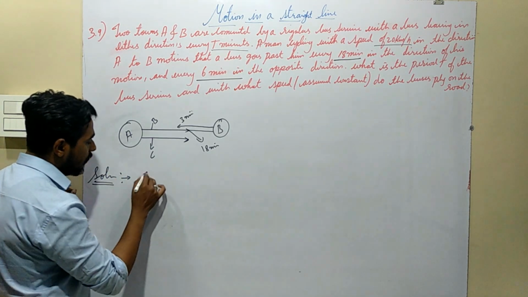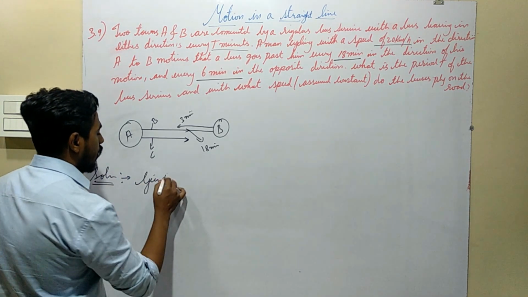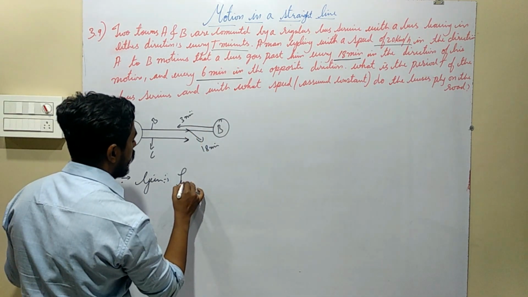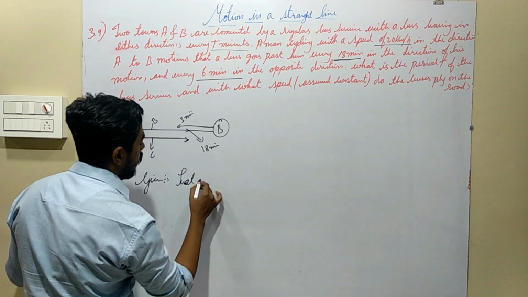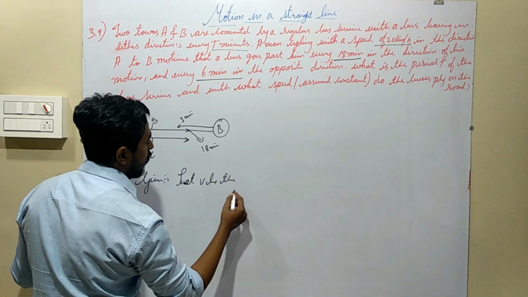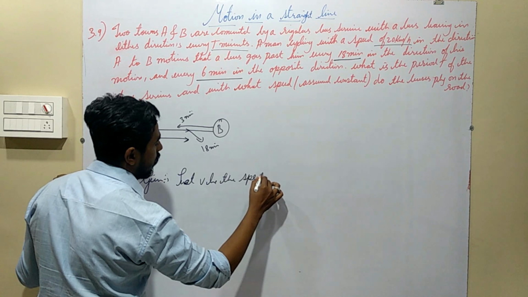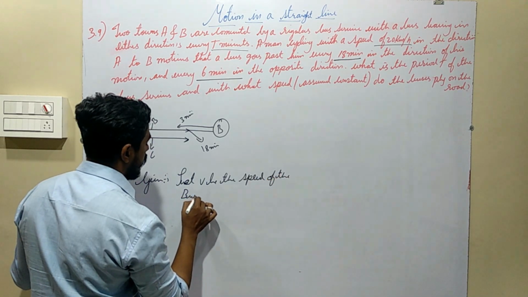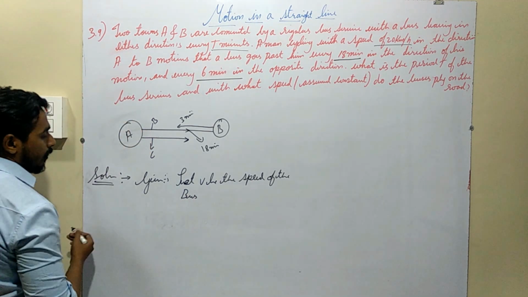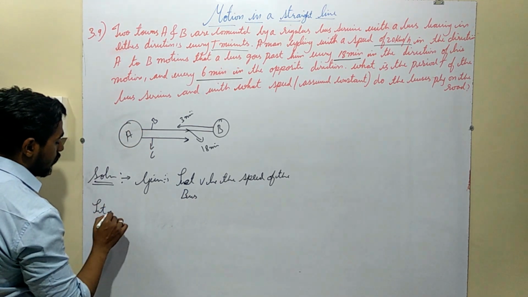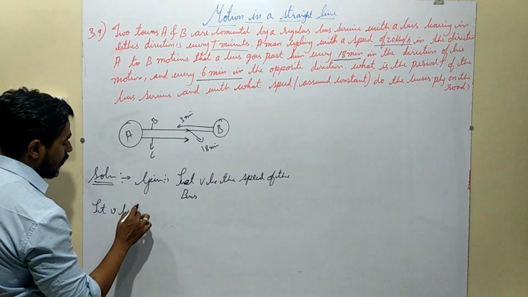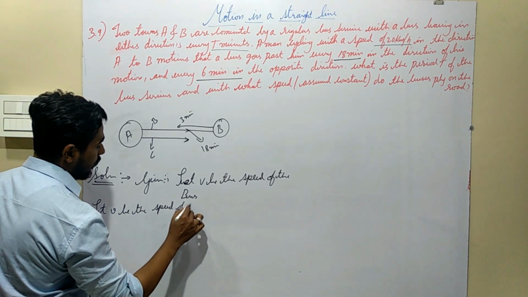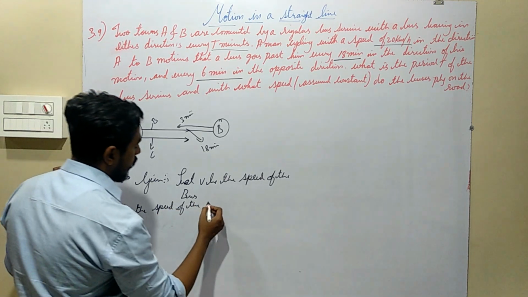Therefore let us first write the given. So we have to calculate the speed. Let capital V be the speed of the bus. Then let small v be the speed of the cyclist.